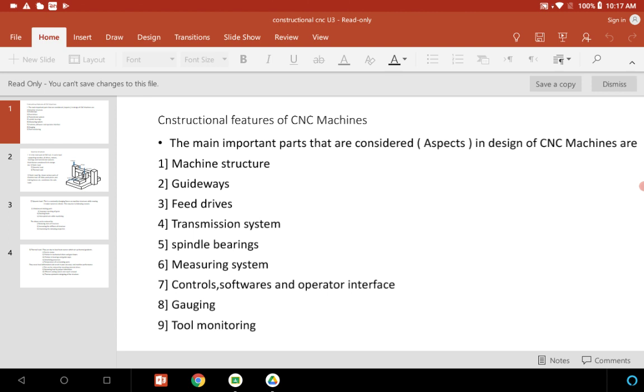This unit deals with the continuation of CNC machines, constructional features, how the various parts of the CNC machines are designed. Of course, briefly.